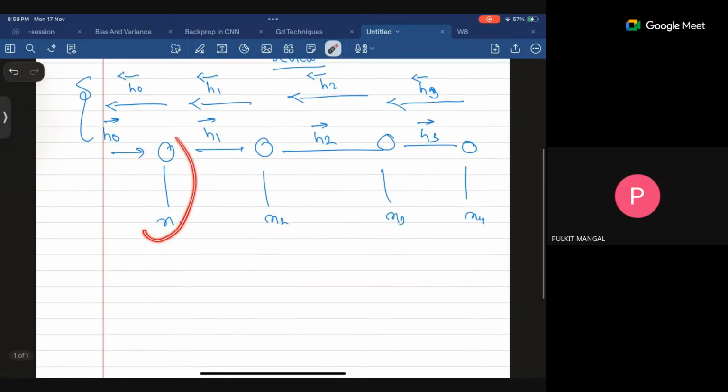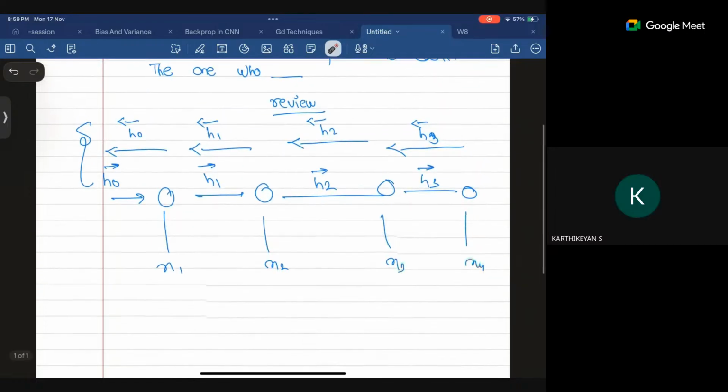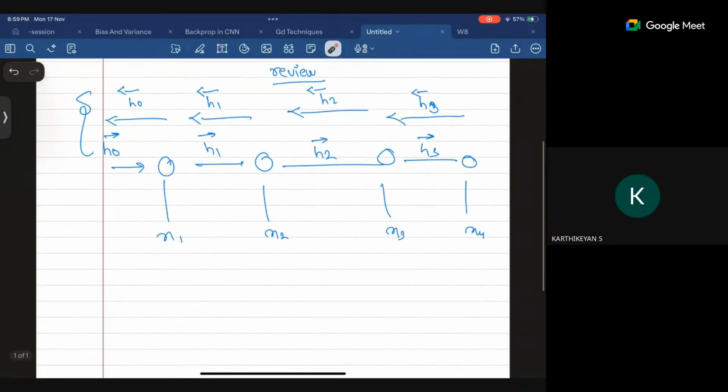See, for here how the computation happens, we initialize with H0. H0 U plus X1 W will give H1. How does H3 here, in the reverse direction, come? Here we initialize with H3.